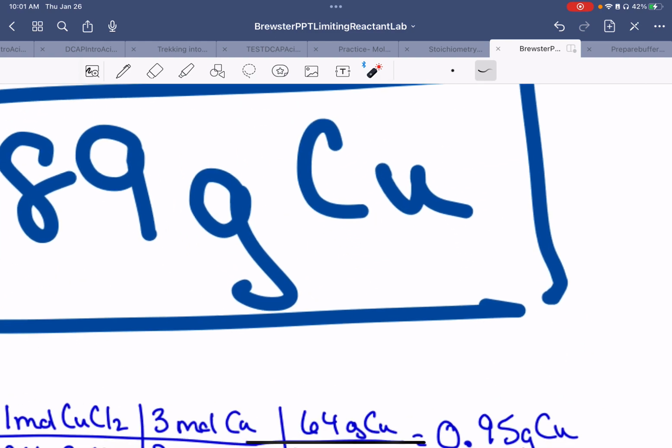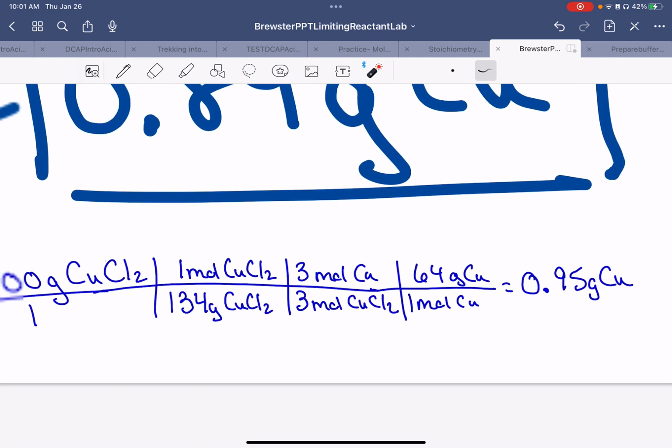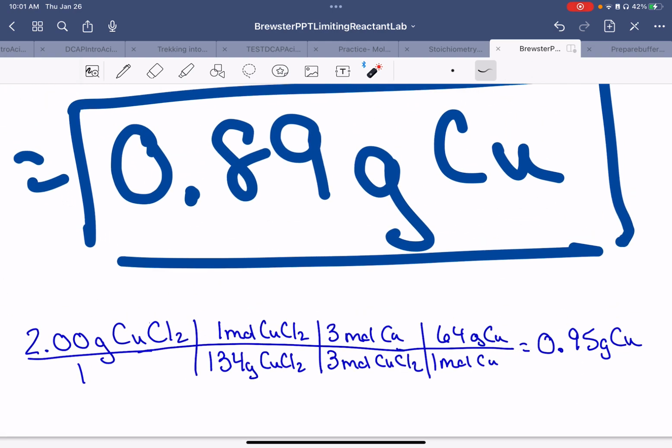Now, I will expand this out. Let's say that you went with the copper chloride instead. So I use my copper chloride amount. Again, I'm converting grams to moles like we've done before. I go to my balanced equation. It's 3 moles of copper chloride to 3 moles of copper. And then I do my 1 mole to 64 grams.